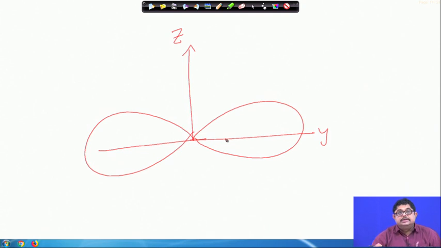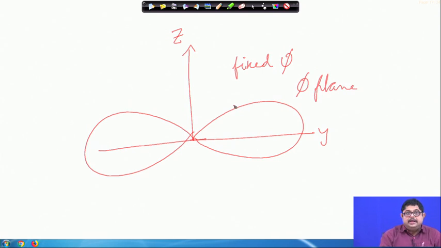Definitely I have put some fixed value of phi, that is why this is also called the phi plane pattern. So, the phi plane pattern of a current element is a dumbbell, with maximum here. It is a sin square theta variation.